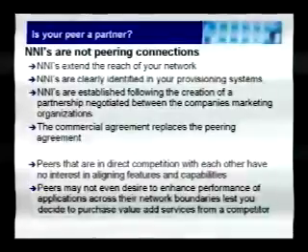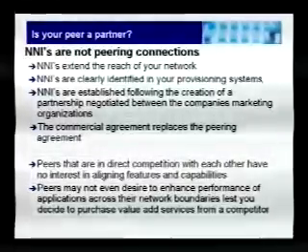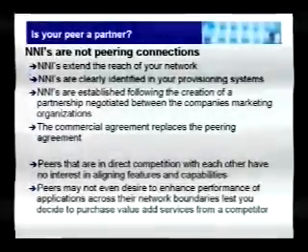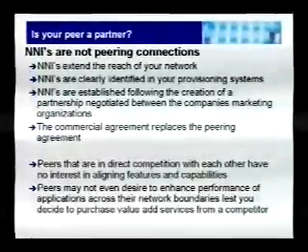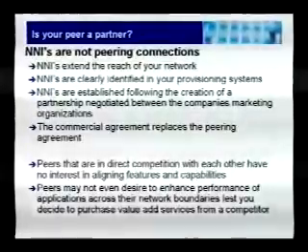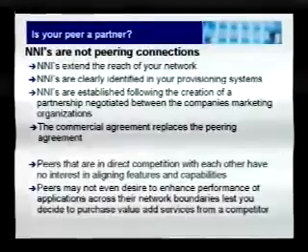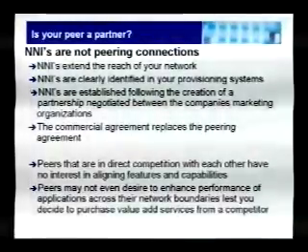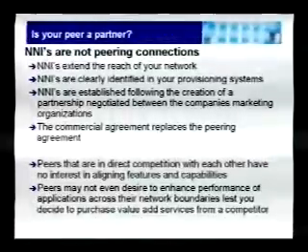Is this peer a partner of mine? And on ATM networks, when we didn't have any peering, we had these network-to-network interfaces, and we used them to extend the reach of our network. We clearly identified these NNIs in our provisioning systems. We established them following a discussion about an actual partnership.